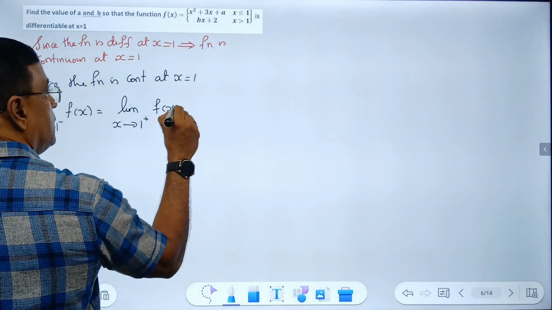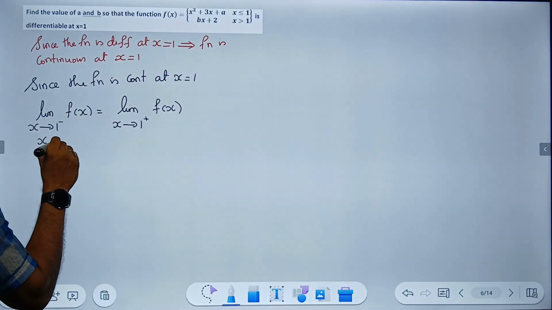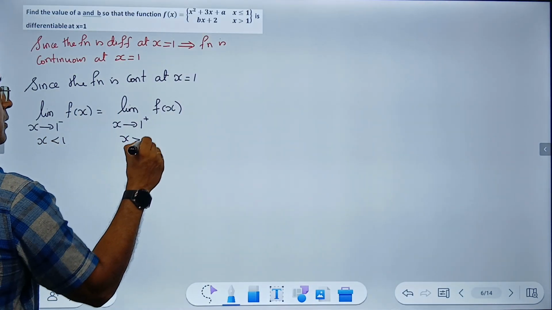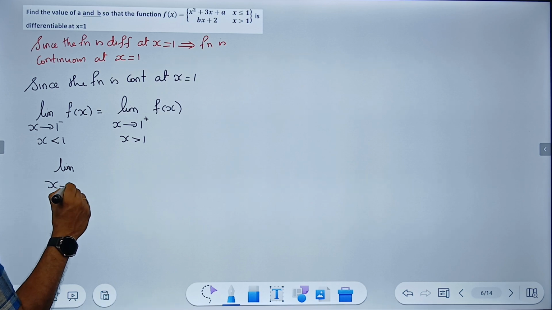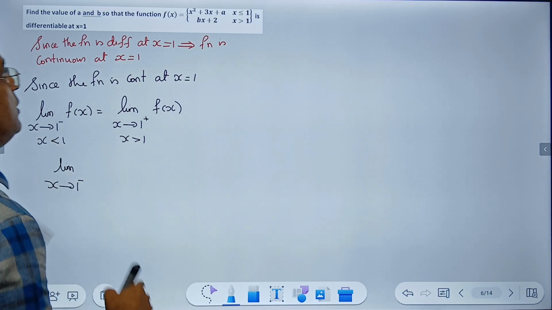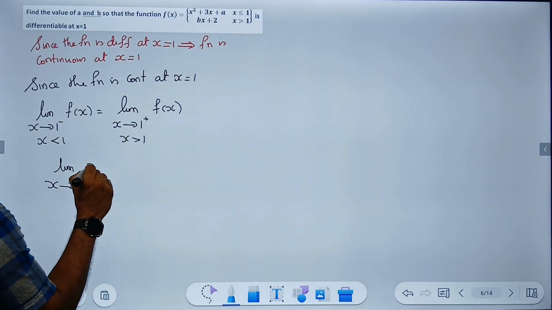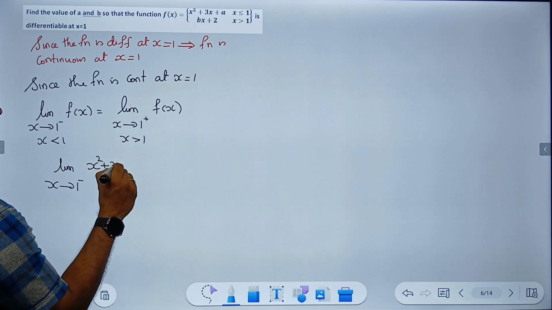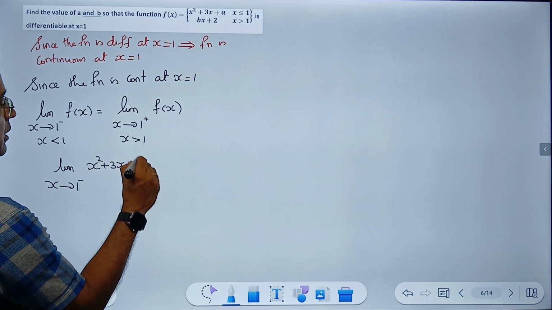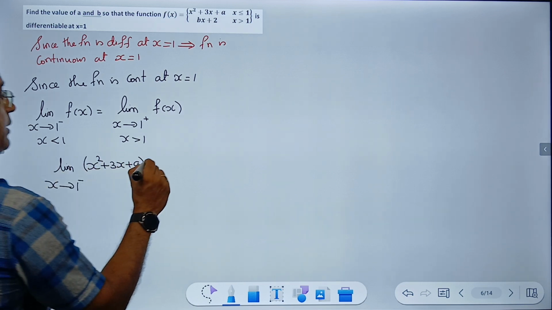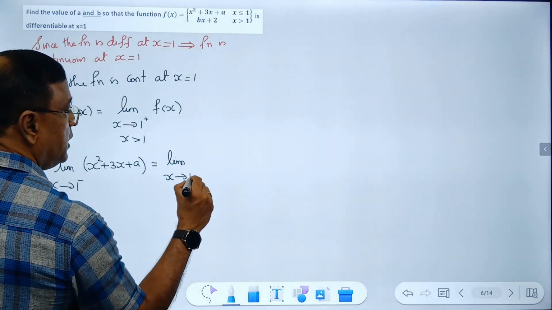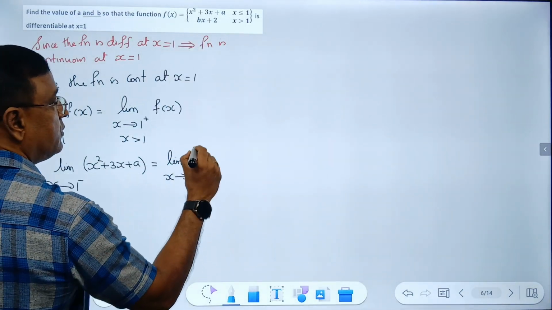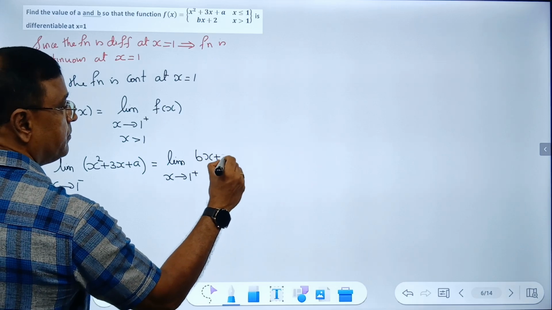Correct? So this is less than 1, this is greater than 1. If it is less than 1, my function is x square plus 3x plus a. If it's the right hand limit, x approaches 1 plus, it is greater than 1, so it is bx plus 2.